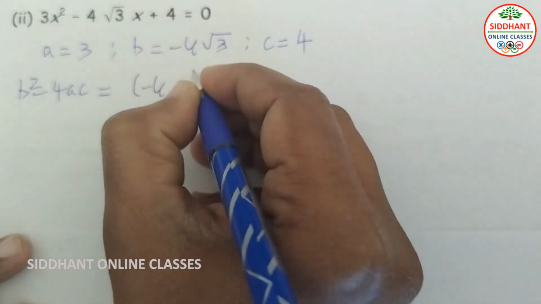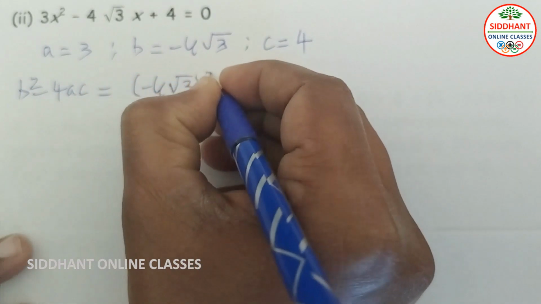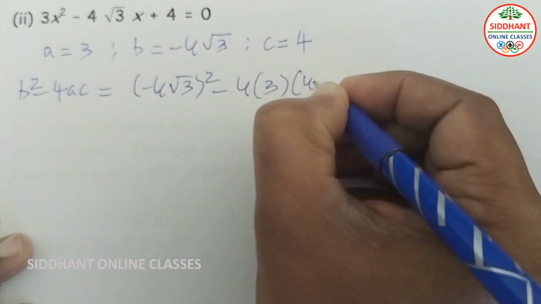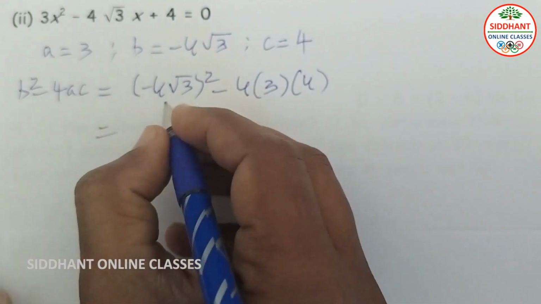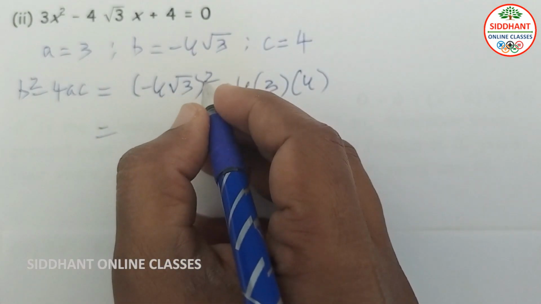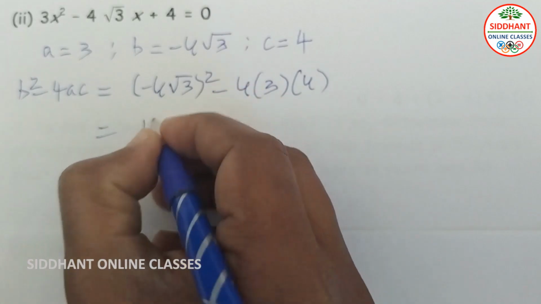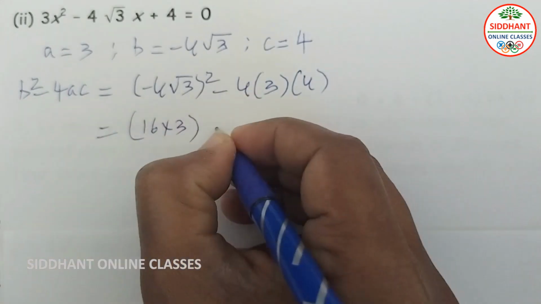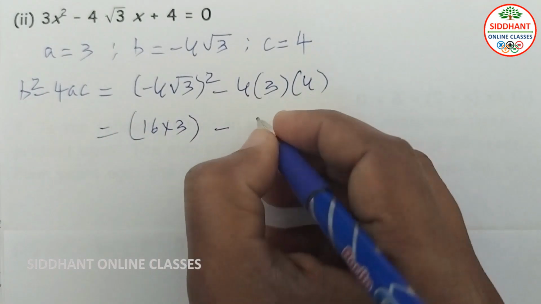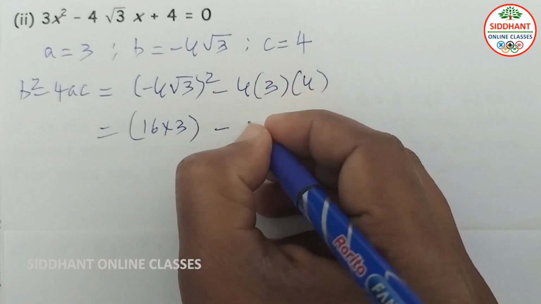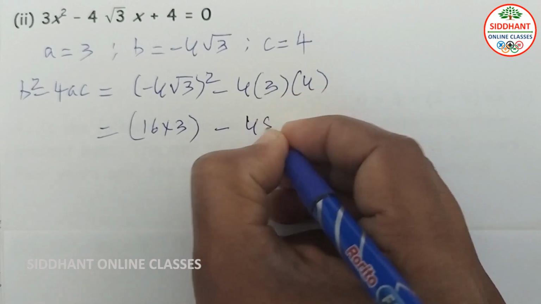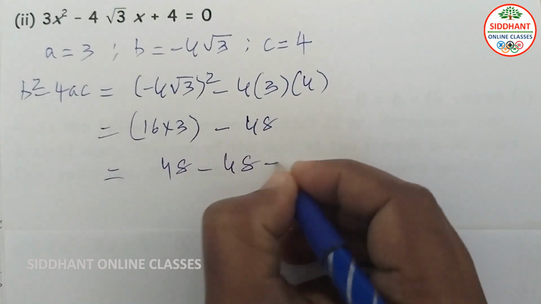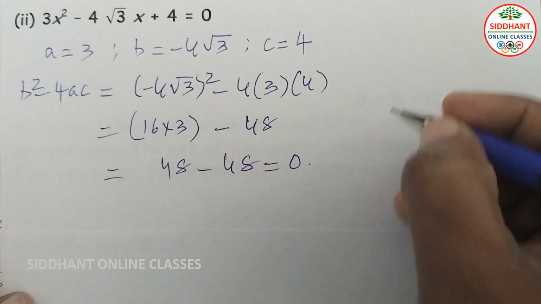So b value (−4√3)² − 4 × 3 × 4. So here 4² × 3 is 16 × 3, that is 48, minus 16 × 3, that will be 48. So 48 − 48 will be 0 here.